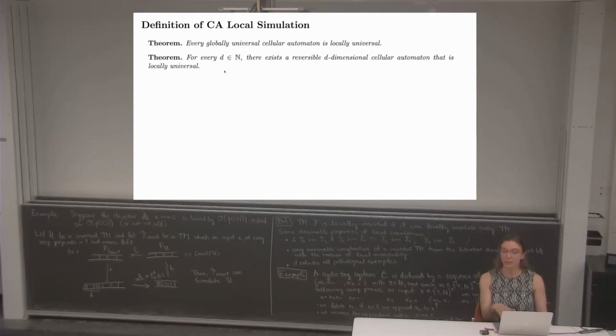There is one more interesting result, which is that for every dimension there exists a reversible d-dimensional cellular automaton that is locally universal. So we discussed that reversible cellular automata cannot be globally universal, but with this broad enough definition of local simulation, we have that reversible cellular automata can be locally universal.